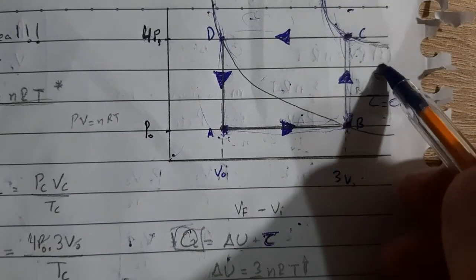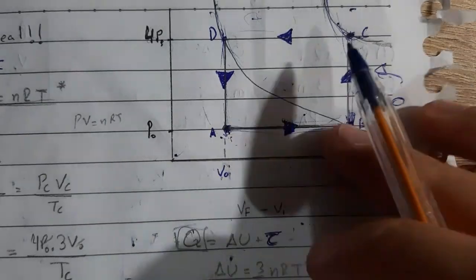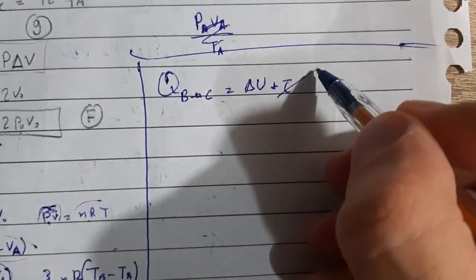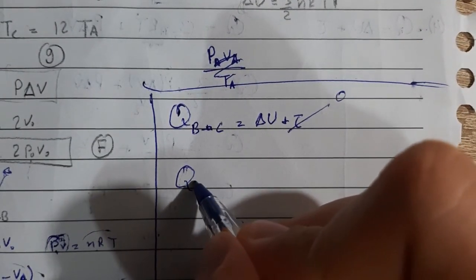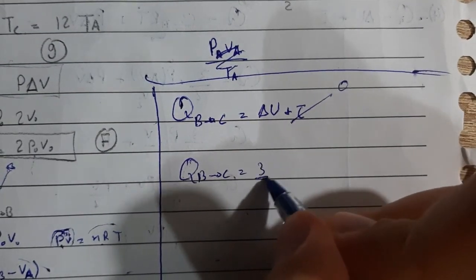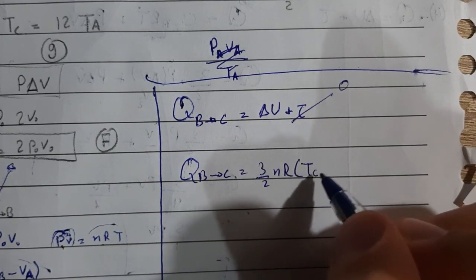All the heat put in here is going to increase your internal energy. Okay, so from B to C the work is 0. So from B to C, all we're going to have is 3 divided by 2 nR times the variation of the temperature, Tc minus Tb.